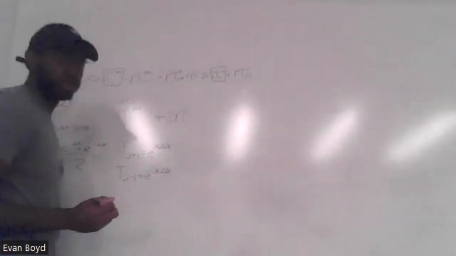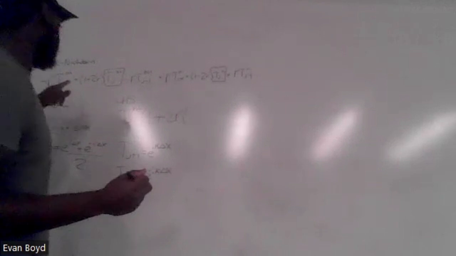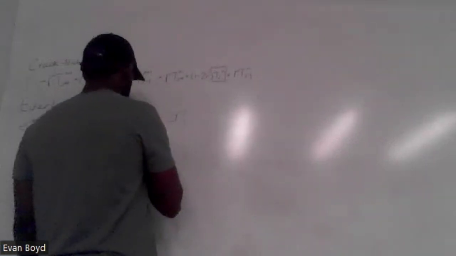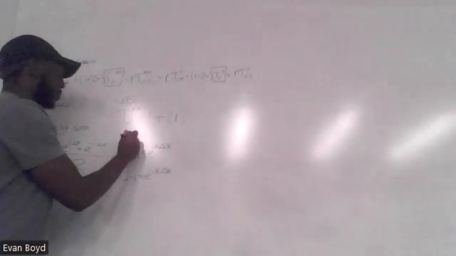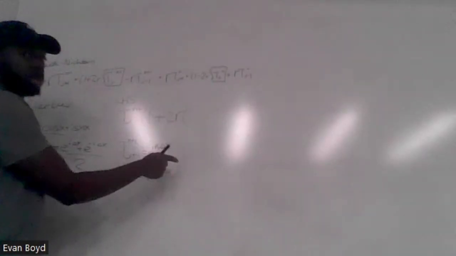So now let's plug those in. We start with the temperature at position j plus 1 of n plus 1. That factors out all the n plus 1s as well.